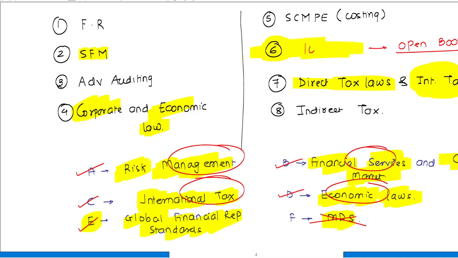We cannot experiment, like taking risk management this time, and next time if the paper is difficult and I don't clear, I will go for international taxation. We can't do like that. Being CA final students, we can't trade like that. So for this purpose, this video has been made.